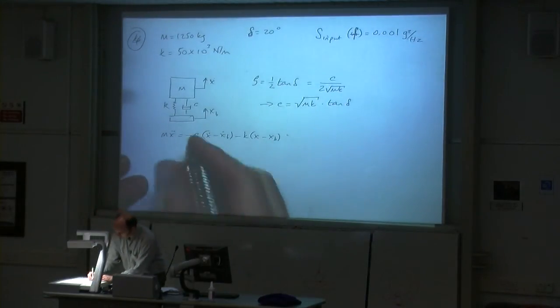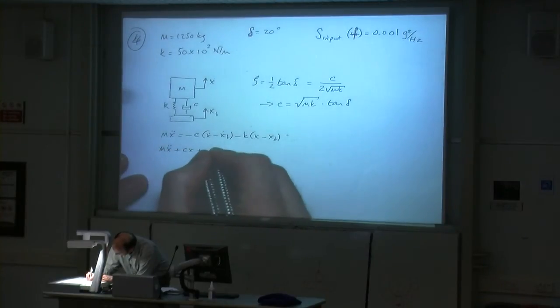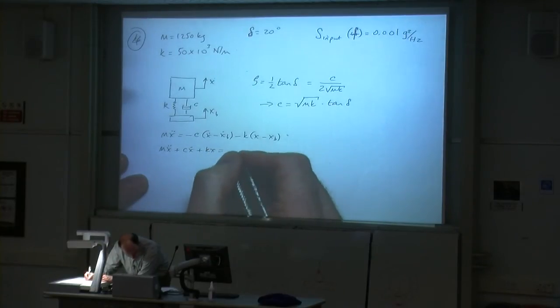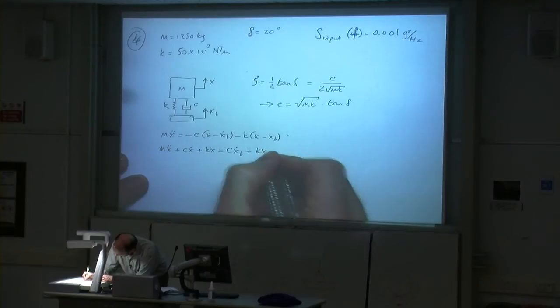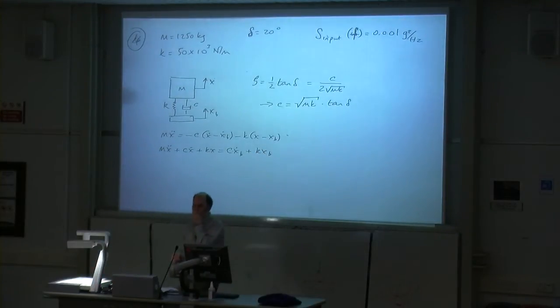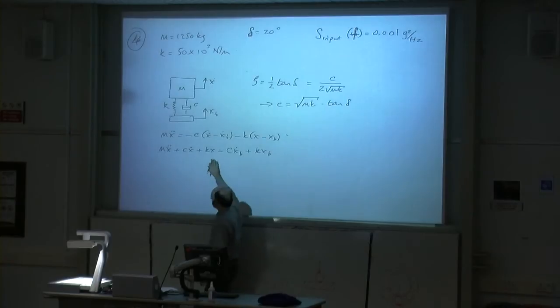We rearrange it to put everything on one side: m x double dot plus c x dot plus k x is equal to c xb dot plus k xb. So all the x's are on one side and all the xb's on the other. Xb is my input and x is my output.